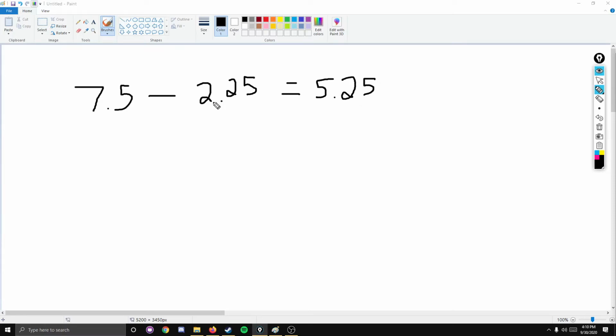But now I have to count my significant figures. For this one, I only have 1 sig fig in its decimal place, while here, I have 2 significant digits in my decimal place.